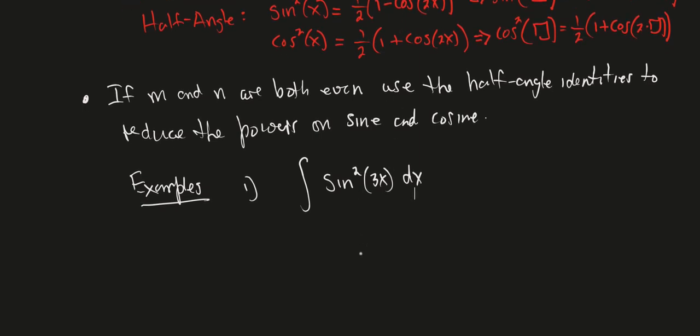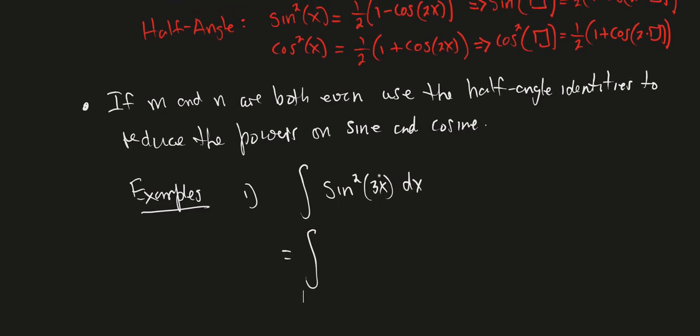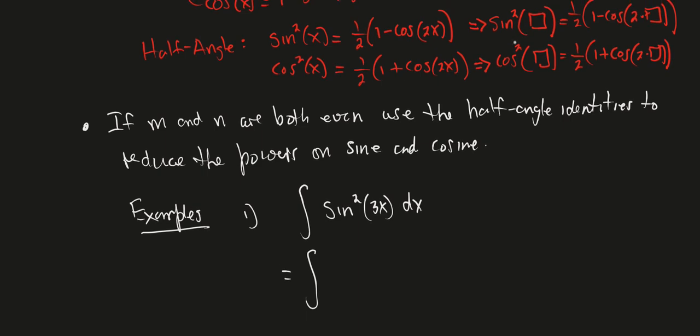So let's rewrite this one. So this is the integral. Now sine squared, now it's not just an x that's in parentheses, so that's why we have to apply this more general version of the identity. So my box here in this particular problem represents 3x.